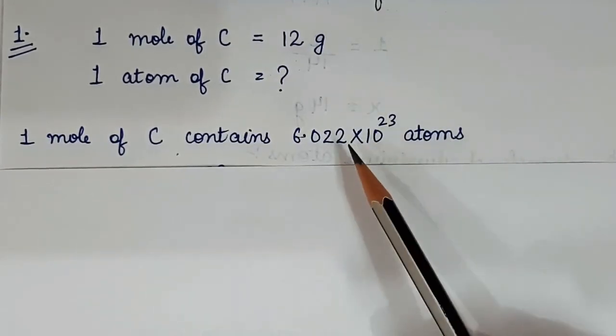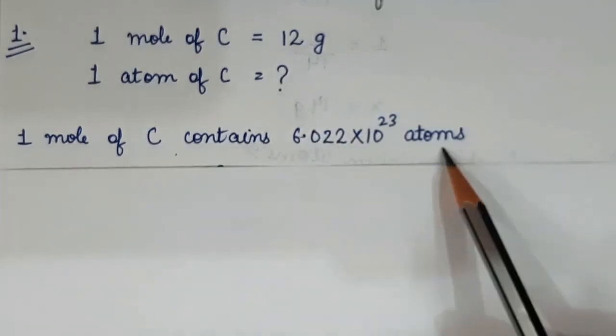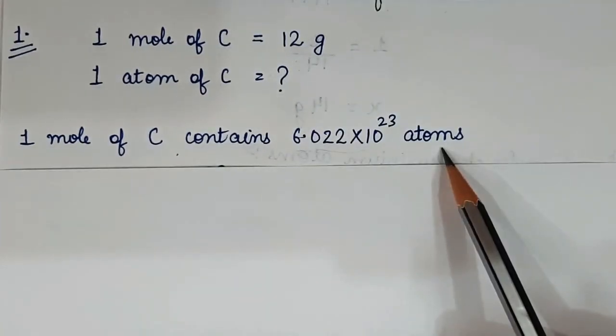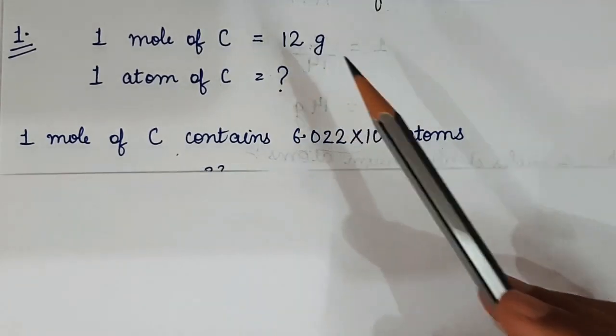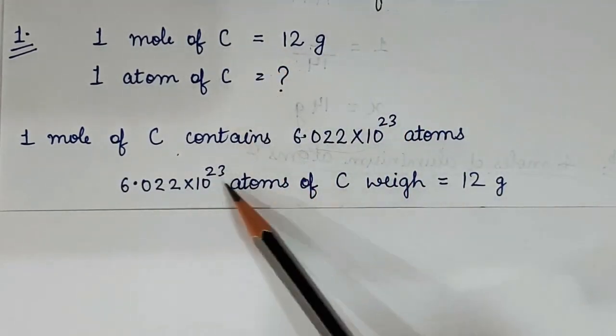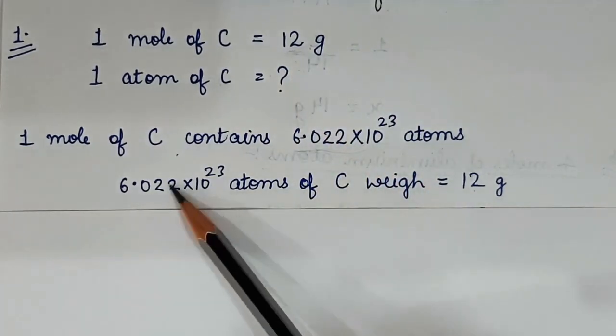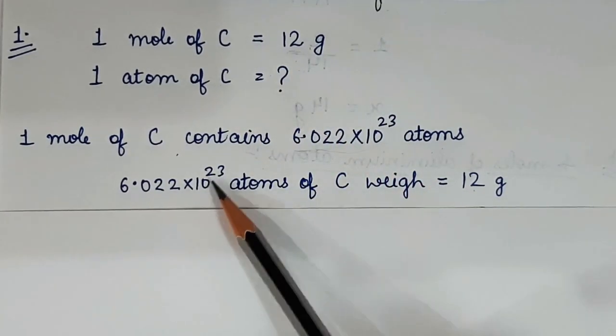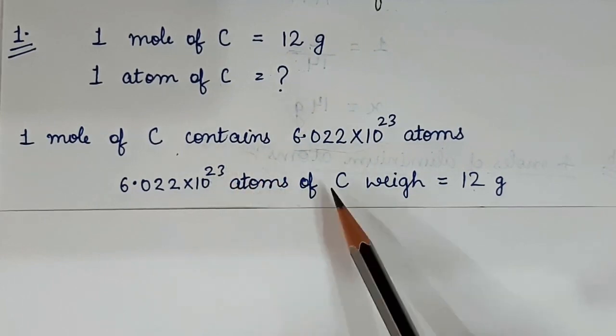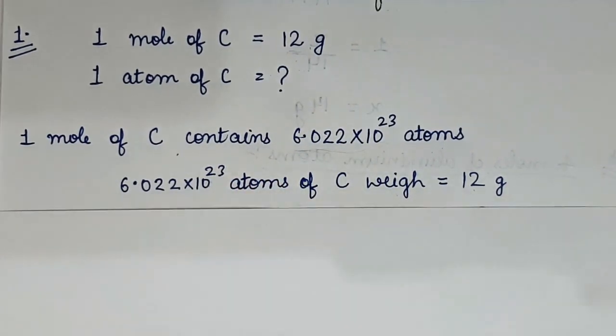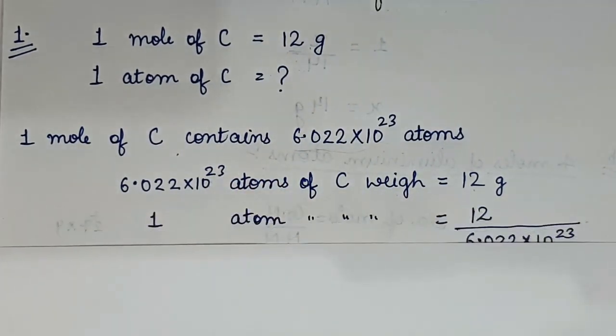Okay, or what we can say, this much number of atoms is equal to 12 grams, because it is 1 mole and 1 mole is 12 gram. So 6.022 into 10 to the power 23 atoms of carbon weigh 12 gram. Now calculate for 1 atom.